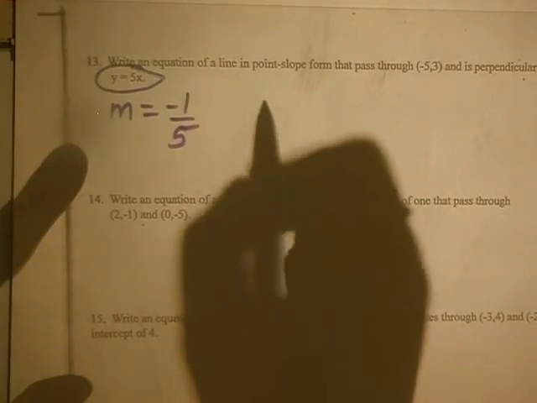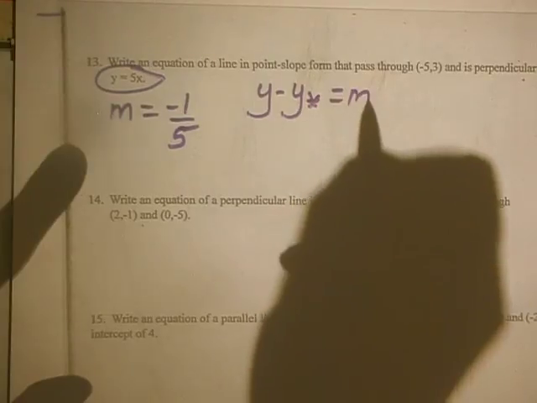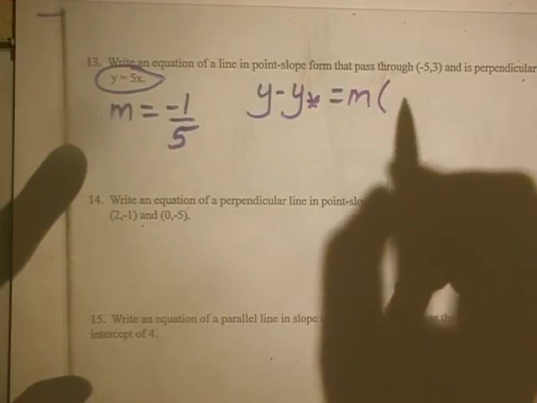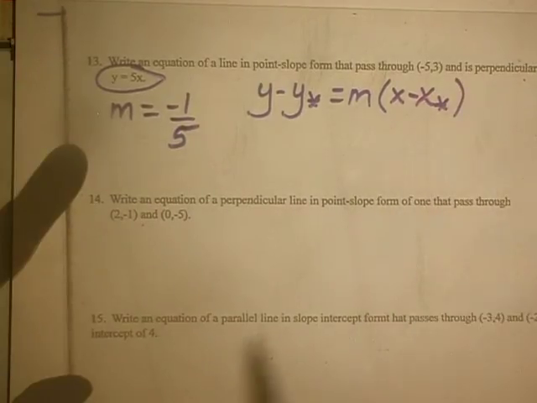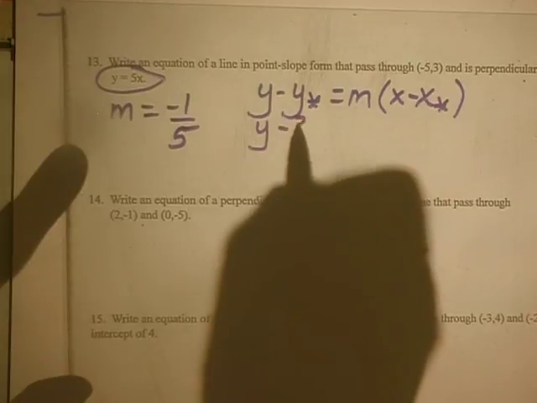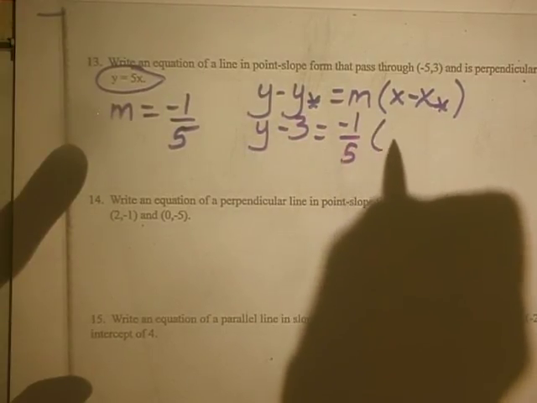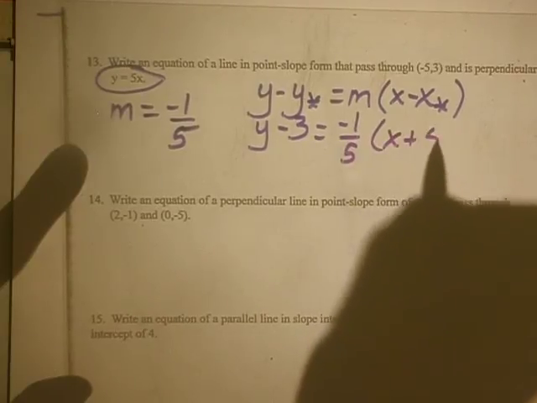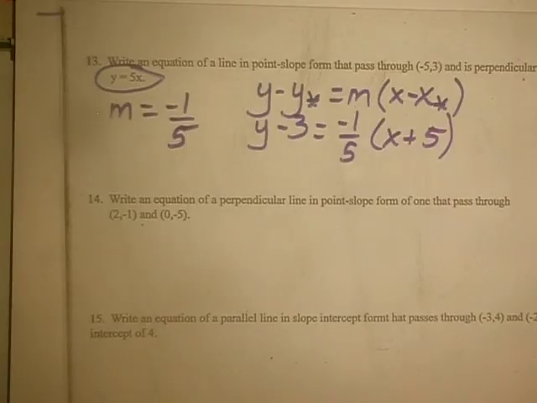And now we want to put that point and that slope into y minus y star equals m times x minus x star. And if we put those numbers in, we will have y minus 3 equals negative 1/5 times x plus 5. And that is point slope form.